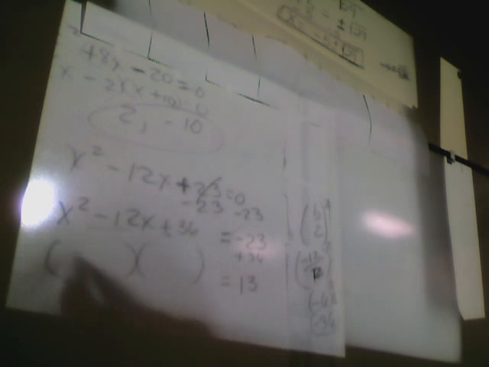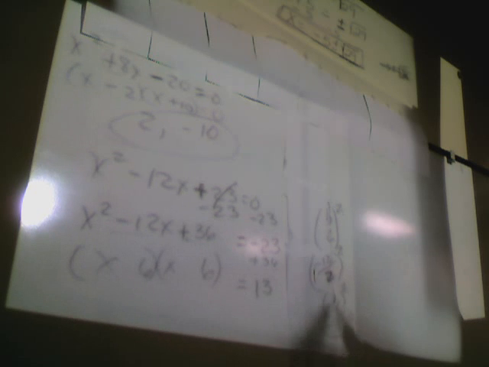This part we're going to go ahead and factor it. 36 is 6 times 6, which adds to give you 12. Remember, we need the negative. This right here is what it's going to end up having here, the negative 6 there.